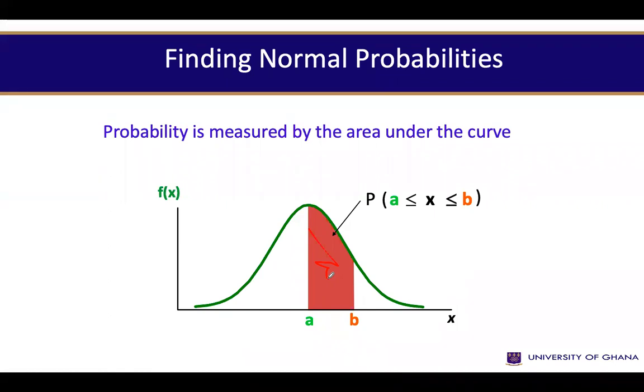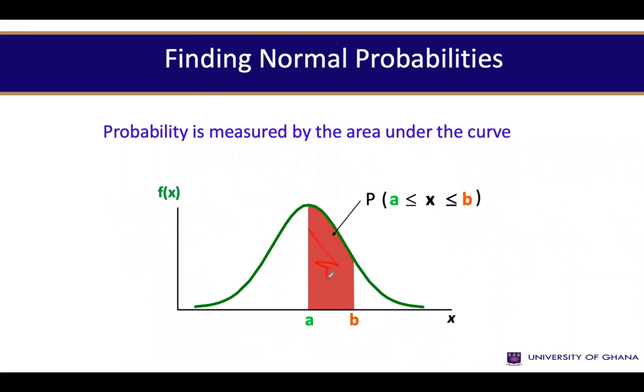When we're doing integration, if you want to find the area under a certain curve, you integrate over a certain limit, a lower limit and then an upper limit. That will give you the area under the curve. It's the same idea that we are having here.